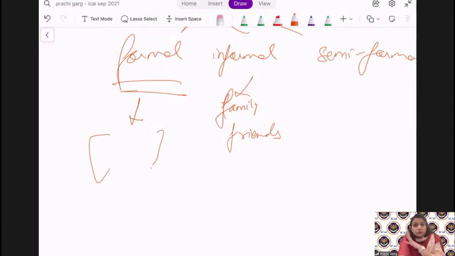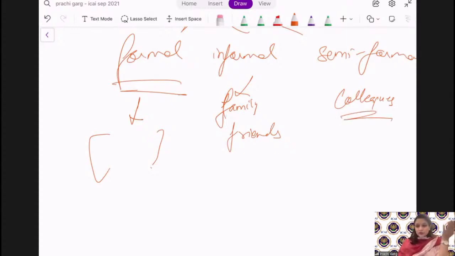That's not very formal, and not at all informal, but that's semi-formal, right? So when you're talking to your colleagues, or with any client that you're very comfortable with and have been working with for years, you have to decide what kind of relationship you have with the person. So semi-formal is that.